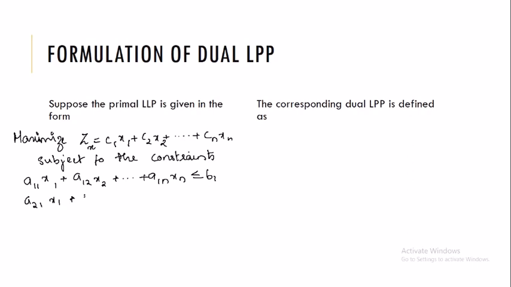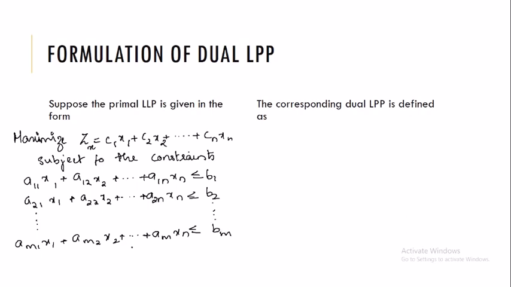A21x1 plus A22x2 plus etc plus A2nxn less than or equal to B2, etc., Am1x1 plus Am2x2 plus etc plus Amnxn less than or equal to Bm.